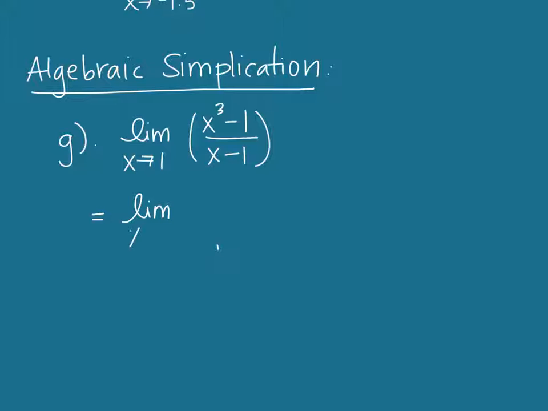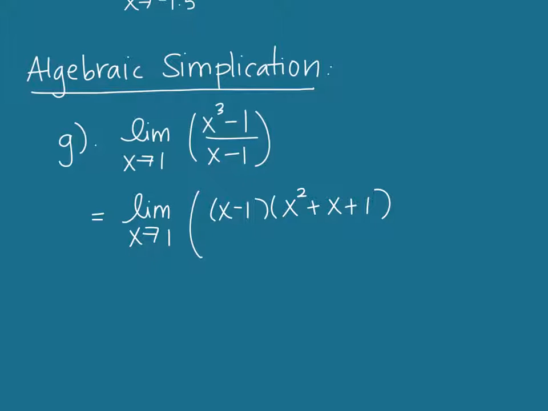Now, I am keeping the limit notation going because I'm not yet exchanging a number for a variable. So I'd factor that. That's the difference of cubes. It factors well. The difference of cubes factors into x minus 1 and x squared plus x plus 1.